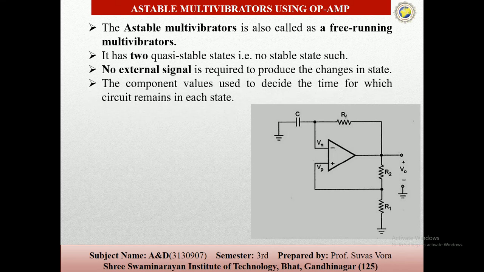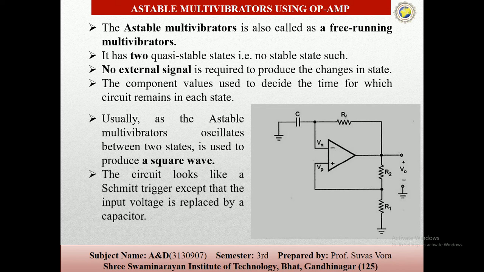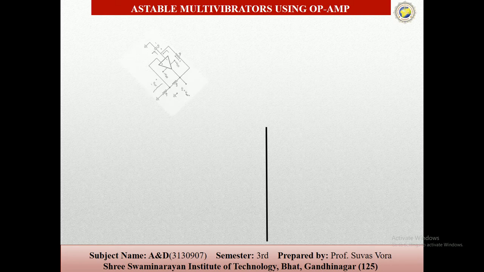The comparator decides the time for which the circuit remains in each state. Usually the astable multivibrator oscillates between the two states to produce a square wave, and the circuit looks like the Schmitt trigger, except that the input voltage is replaced by the capacitor. So now they have two conditions.